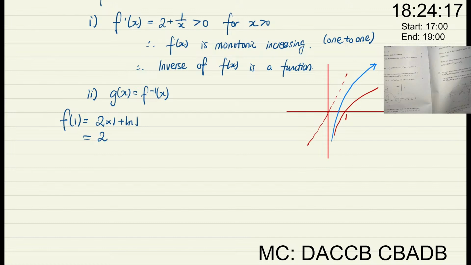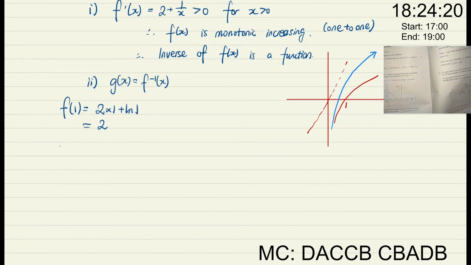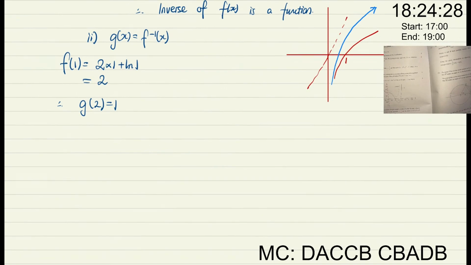That equals 2. So what this tells us is that when you go to the inverse function, g of 2 is 1. Okay? Now, if you've done the advanced paper recently, you would have learned something about the properties of inverse graphs and how their gradients relate.